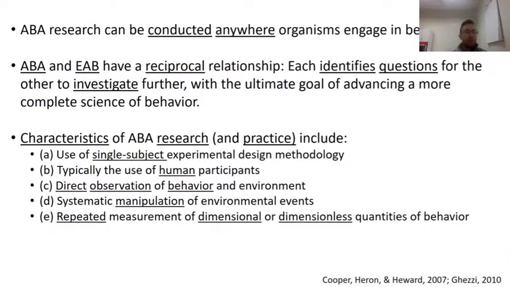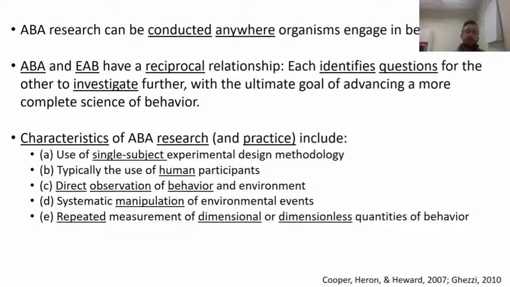Now, there are characteristics of ABA research and practice, which include, A, the use of single subject experimental design methodology. We've talked a bit about that throughout the course, but I'll elaborate a little more. It can be a little misleading where it says single subject, because sometimes, using single subject experimental design methodology, you'll have multiple participants.